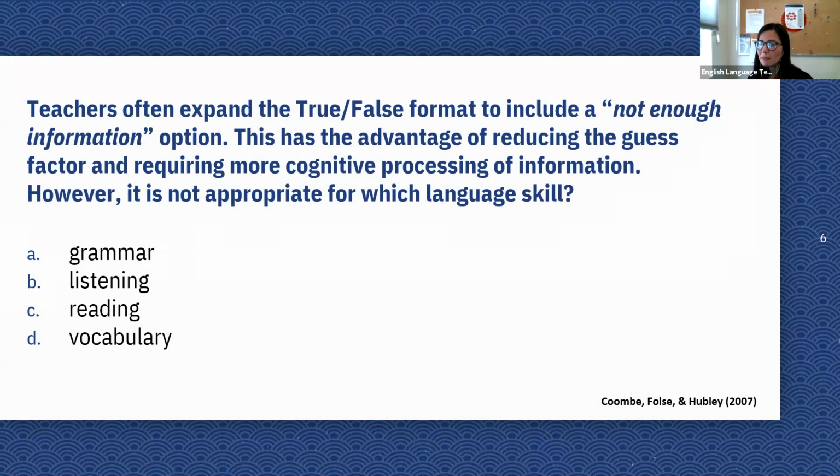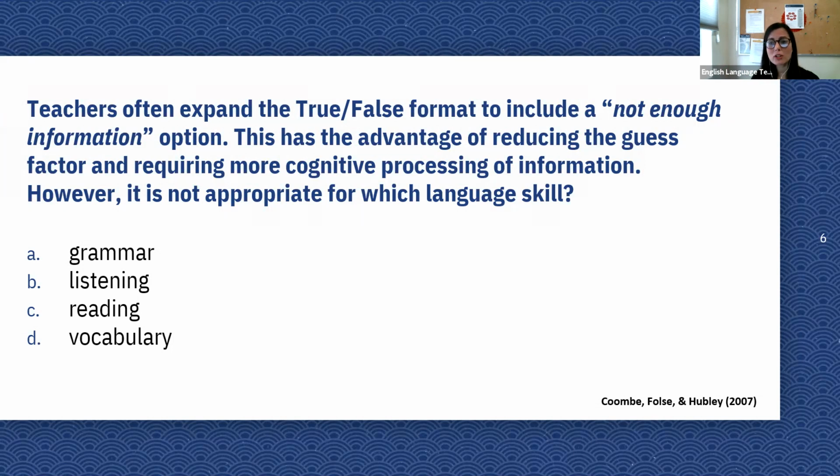For the not enough information option, which skill do researchers say that it is not appropriate for? And the answer to this one would be listening. Right? The students already have a lot of input that they have to remember, because usually they listen to the passage once or twice only.